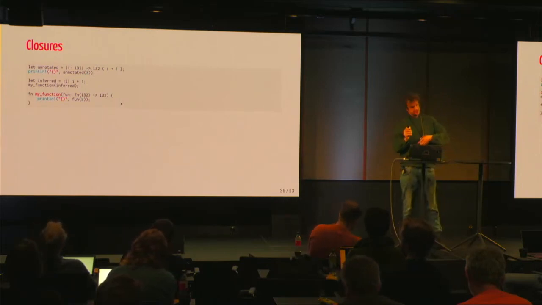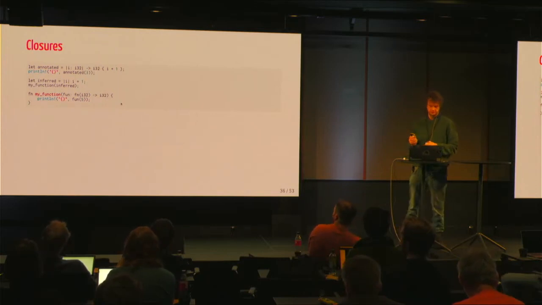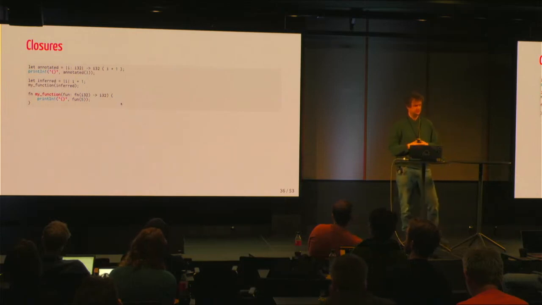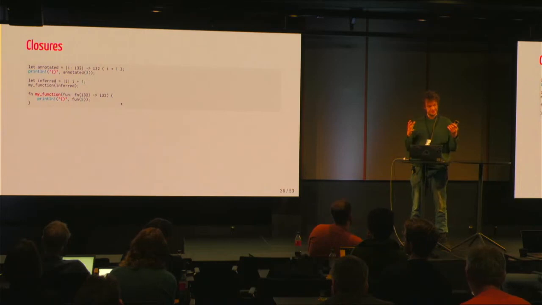And then we can use the closure as a parameter to this function here, which takes a function as a parameter and then executes it. So this is quite similar to other languages like Kotlin and Java. So nice, you have all this stuff from high-level languages also in Rust.